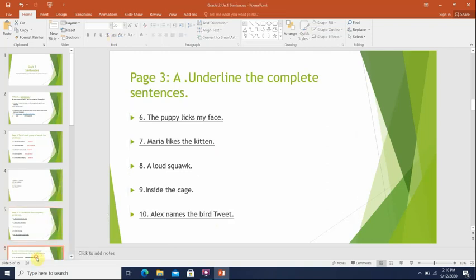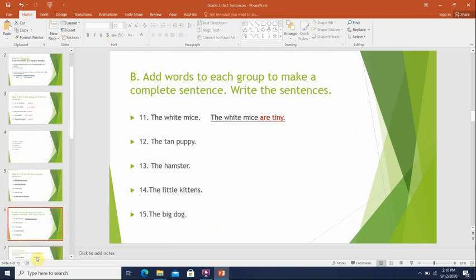All right. Part B. It says add words to each group to make a complete sentence. Write the sentences. Here it gave you just a sentence fragment, just a part of a sentence. It did not give you a complete sentence. We will write our own sentences.